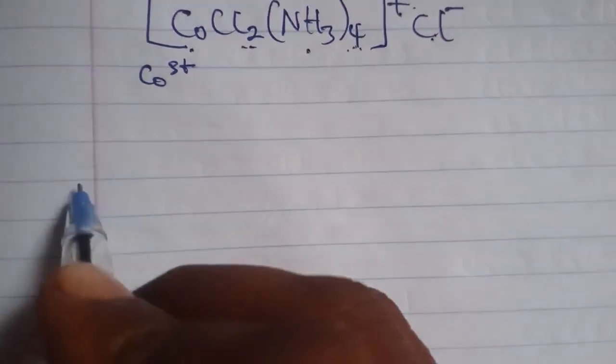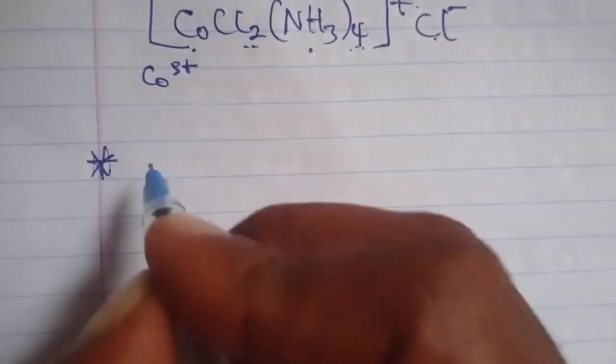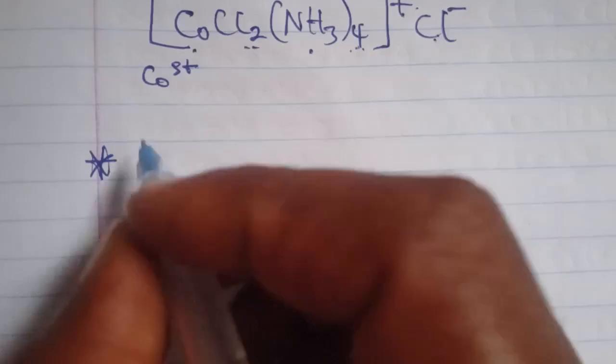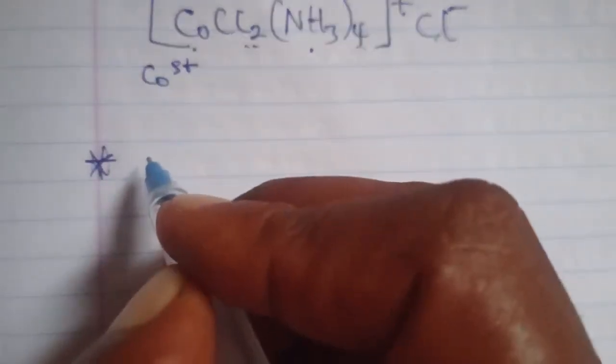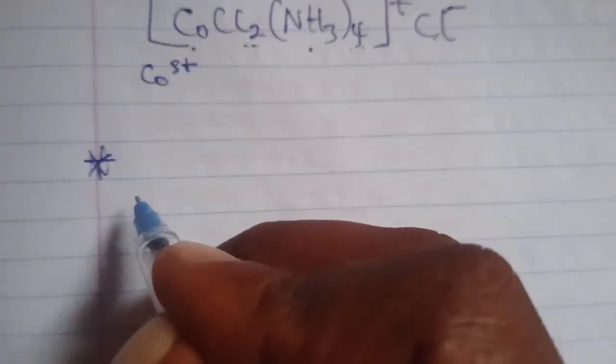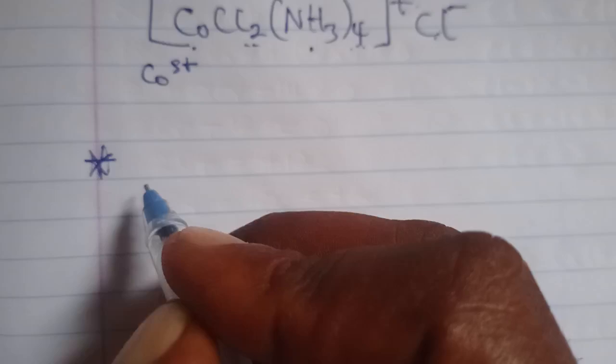So let's look at some of the rules first in naming coordination complexes. Now, the first one is that if the compound is ionic, then we will have to name the cation first. If we name the cation first, then we can name the anion. The second rule is that we name the ligands followed by the central metal. So we name the ligands alphabetically.